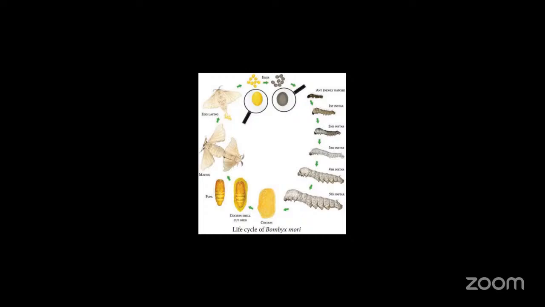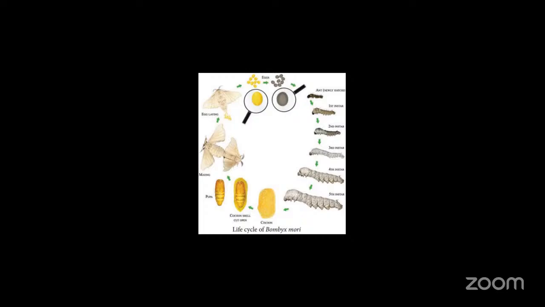And coming to the wild types, tropical tassar, muga, and eri. Muga and eri are wild types, which cannot be reared. We can collect all the eggs or cocoons from the wild forest only. We cannot rear them in a particular area.